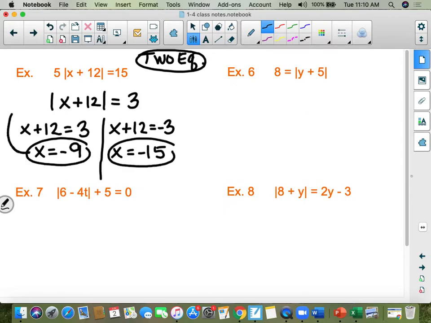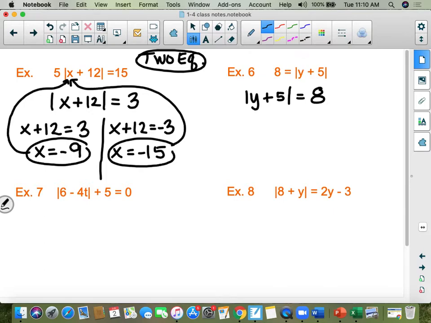What you can do, you could put this back up into the equation, and both of those should work in that problem. This one, the only thing I like to do is use the symmetric property and rewrite it so that my variable's on the left-hand side.